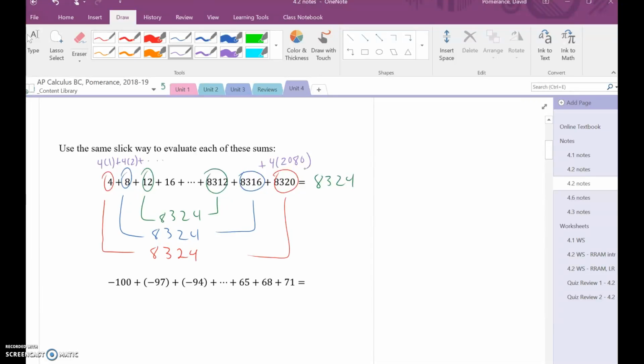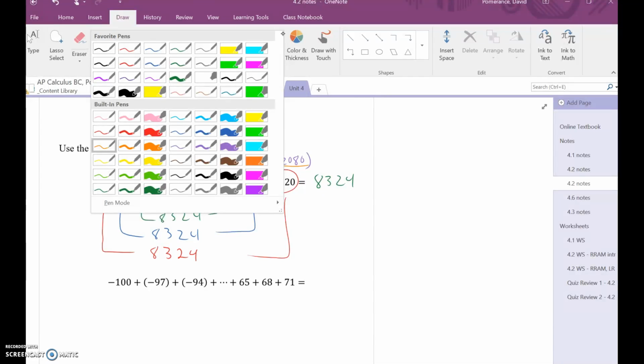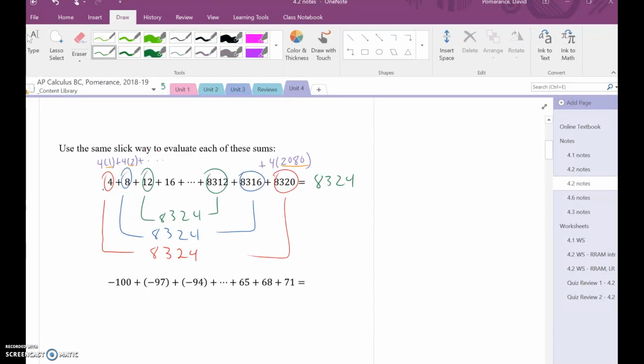So, since we've got 1, 2, 3, 4, 5, 6, 7, 8, 9, all the way up to 2080, that means we have 2,080 different numbers in our lists, and that means we have half of that many, or 1,040, pairs in our list. So that's how many 8,324s we're going to multiply together.